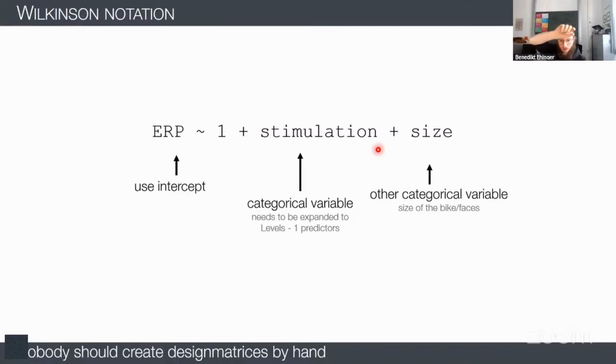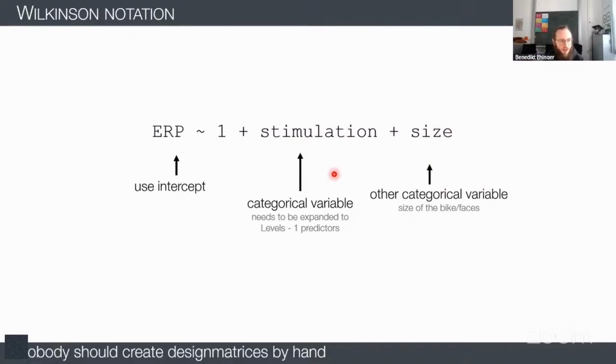Where you have, on top, for each of the trials, let's say, a stimulation, whether you stimulated with a bike or with a face, and maybe the size of the stimulus can be changed, large and small, etc. And for each trial, you have an entry for what the actual level is. Maybe this is big, middle, small, and maybe this is bike and face.